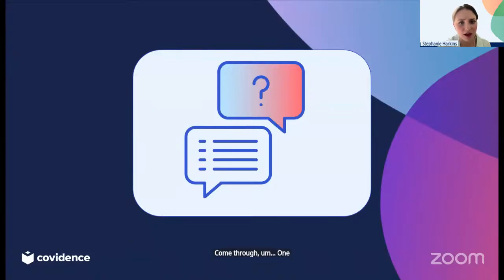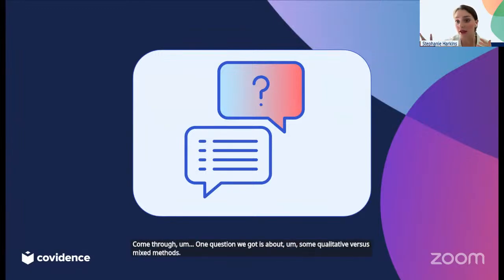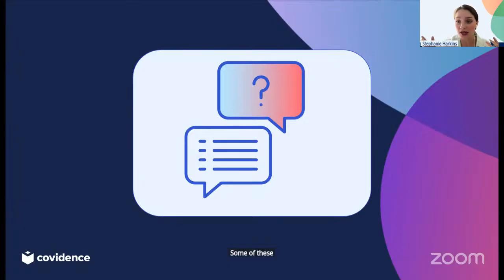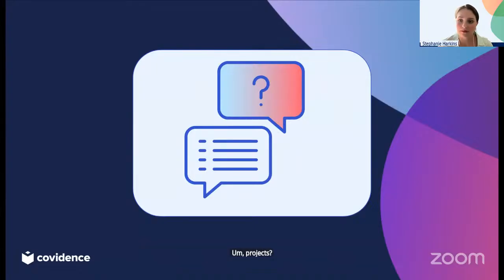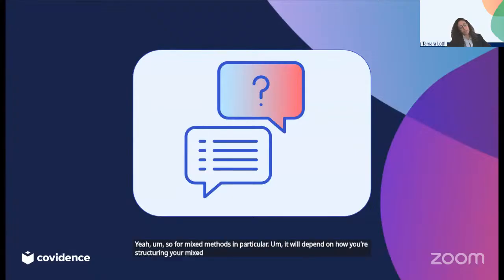One question we got is about qualitative versus mixed methods. Can some of these review types be used for qualitative or mixed methods projects? Yeah, so for mixed methods in particular, it will depend on how you're structuring your mixed method review.